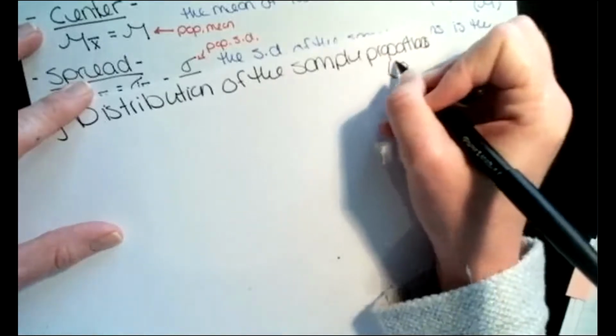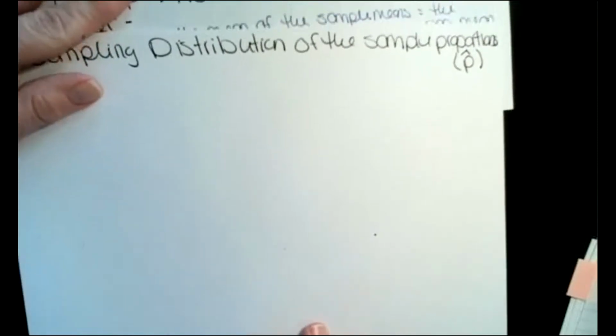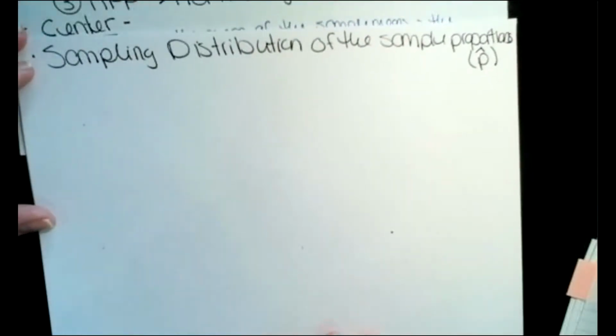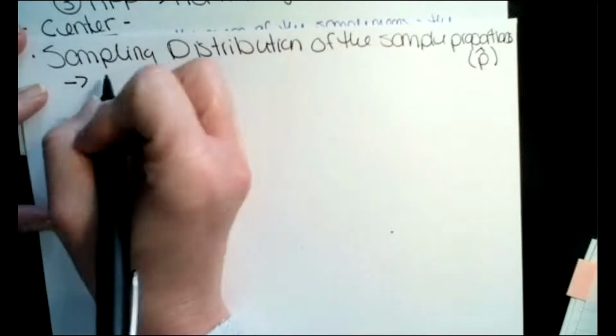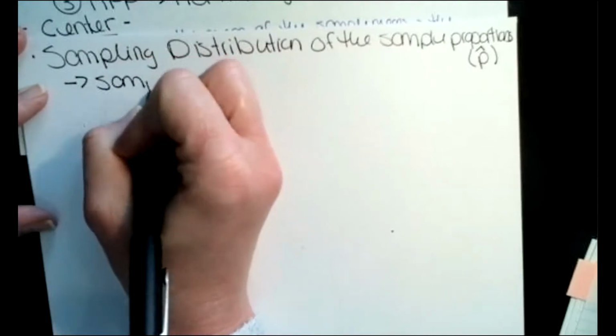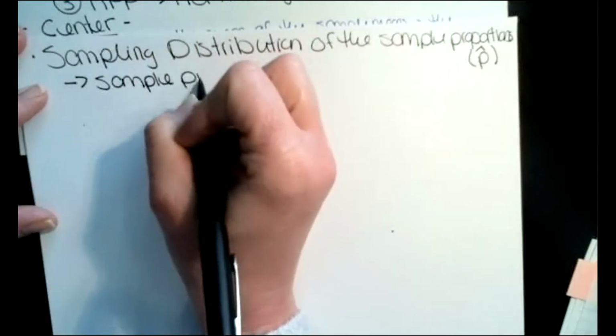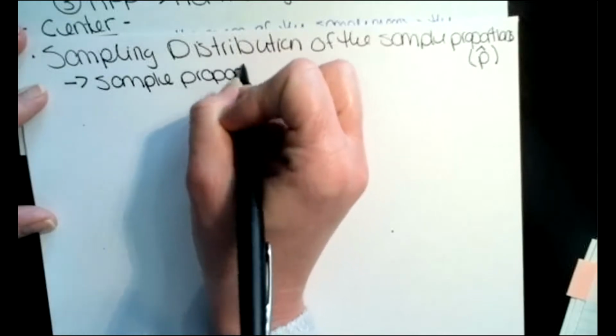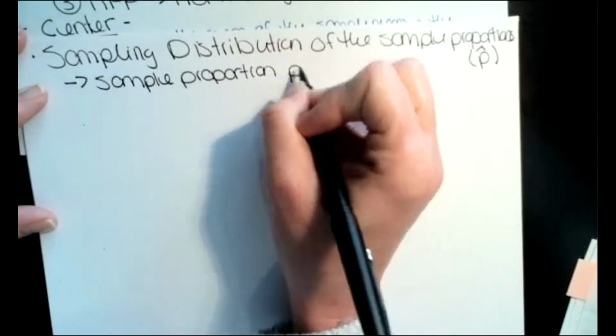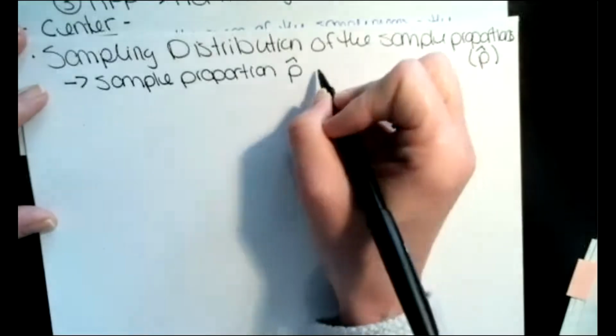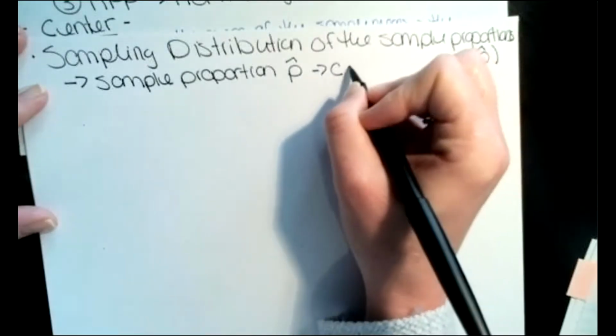And that is P hat. Okay, my sample proportion is P hat. Let me just write that here. My sample proportion is P hat. This is for my categorical data.